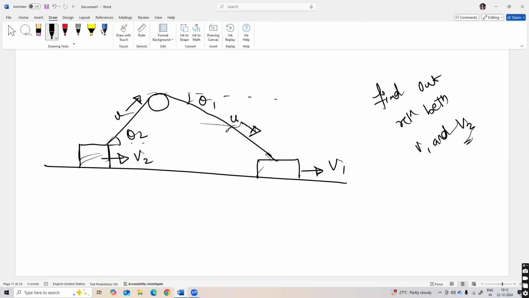So this is the thing we have learned, like for a single string the velocity should be equal at all the locations. So therefore, if we have to equate these two things, what we can simply do is find the velocity component of this object v2 along this direction, and the velocity component of the first object.